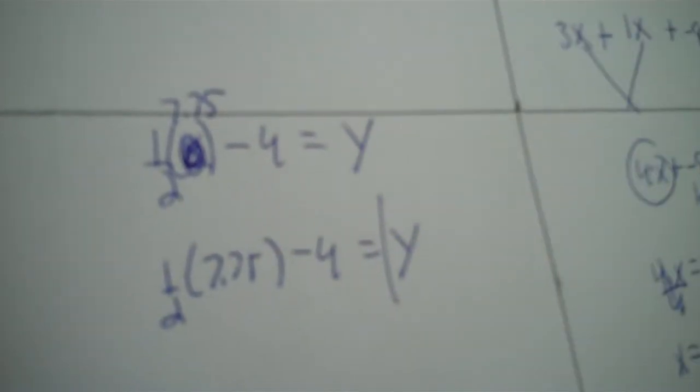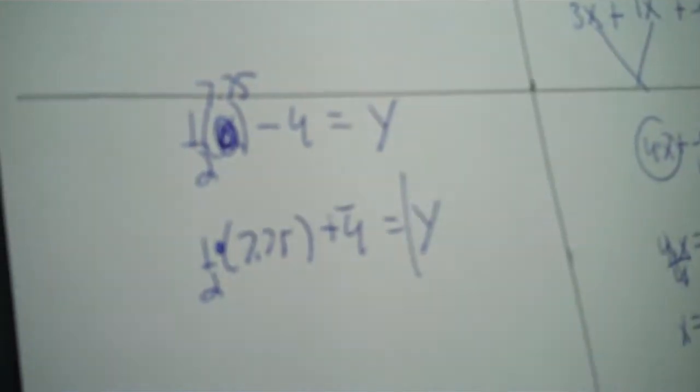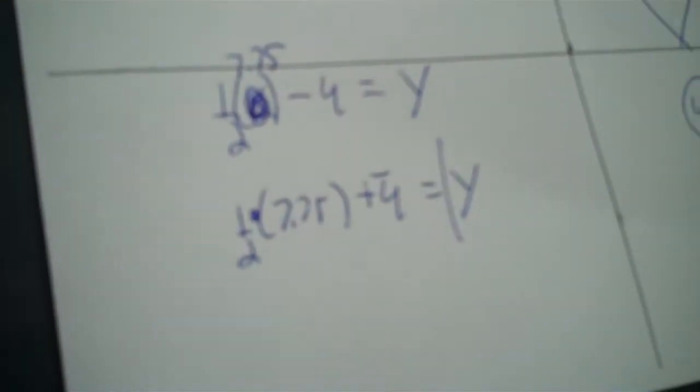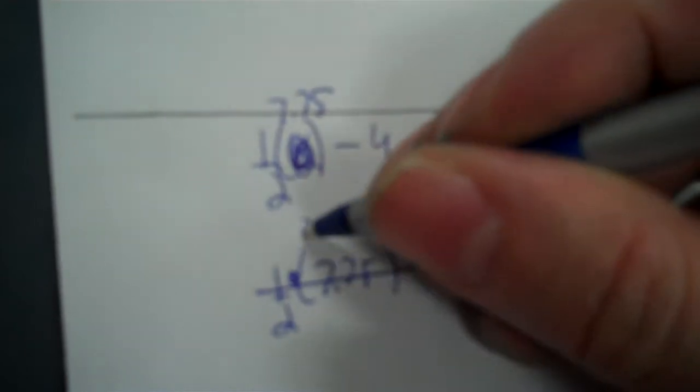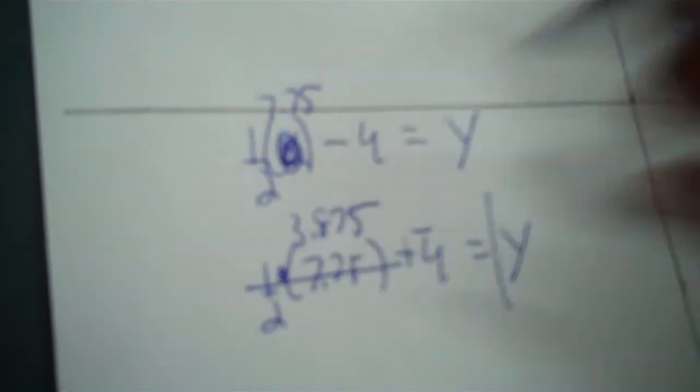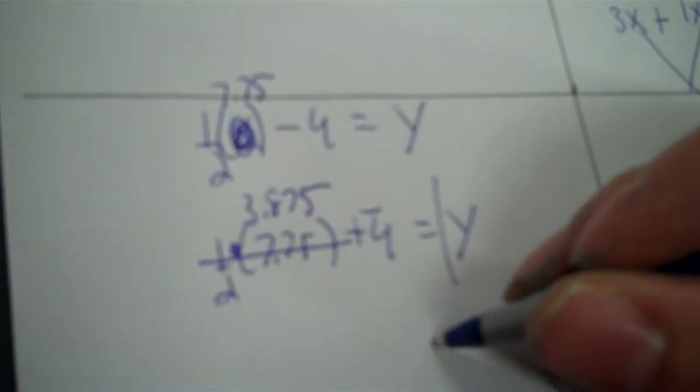Y is still by itself, though, so you have a times and a minus plus negative. You could punch that all into your calculator if you wanted to. I'll just do the times first, because that's where you go. 3.875. And then I plus negative 4.